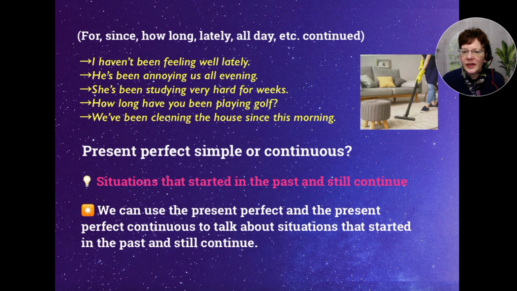Okay, so we want to know whether to use present perfect simple or the continuous form. All right, so situations that started in the past and still continue, we'll look for that. We can use the present perfect and the present perfect continuous to talk about situations that started in the past and still continue.